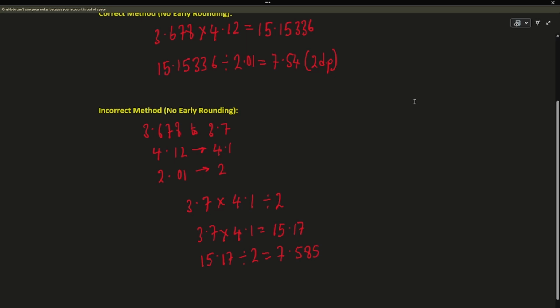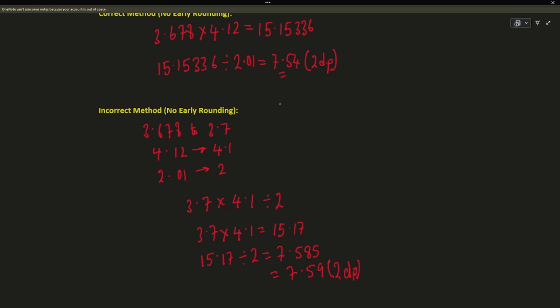When we round this 7.585 to 2 decimal places, it will give us 7.59.